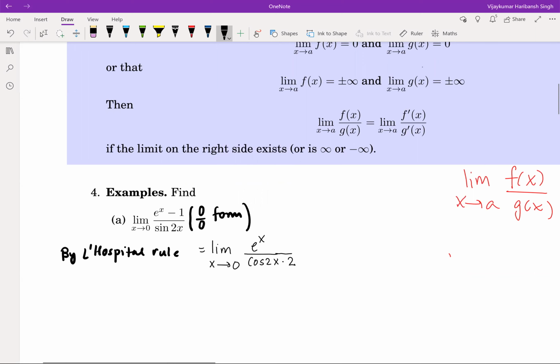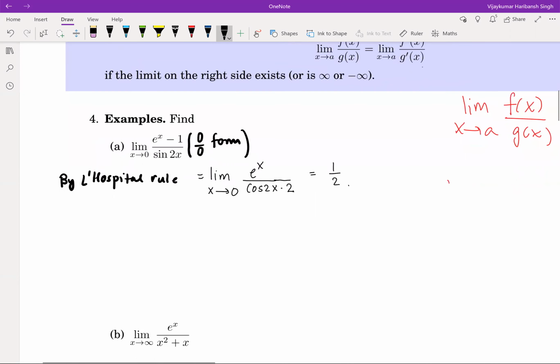All right, and now as x goes to 0, what do we get? On top we get 1, in the bottom we get 2, so indeed the answer is 1 over 2. So this is how you compute the limit using L'Hopital's rule.